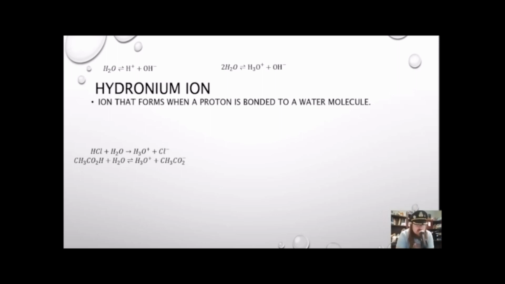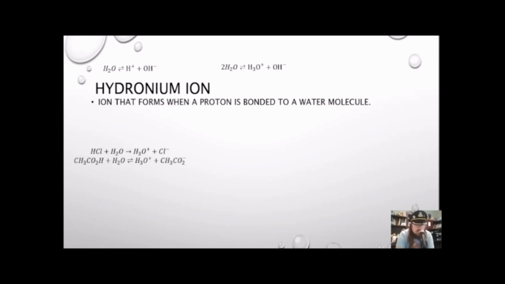The concentration of hydronium is not equal to the starting concentration of acetic acid. And so if we had equal amounts of acetic acid and hydrochloric acid, it would have far more hydronium from the hydrochloric acid than the acetic. Hydrochloric acid ionizes completely, while acetic only partially ionizes and thus would be weak.